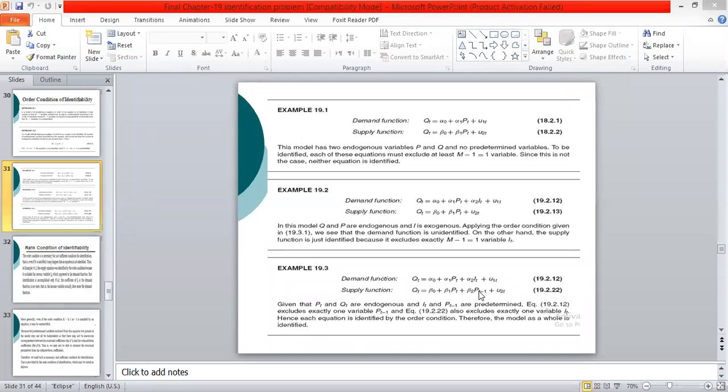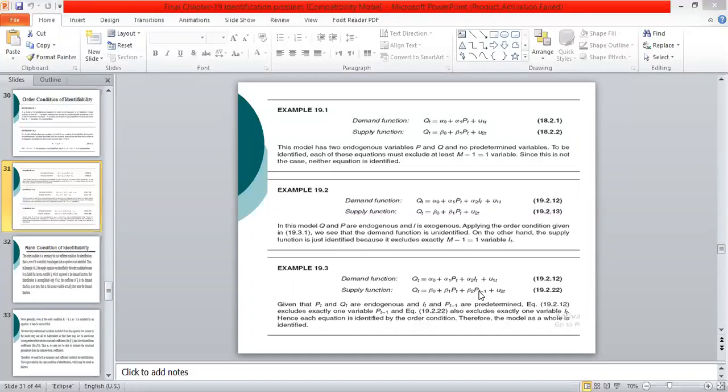In K minus k equal to m minus 1, 1 equal to 1. It means the number of excluded variables equals the number of endogenous variables included in the equation less 1. So the second equation is also exactly identified. So both these equations are exactly identified, and overall the model is identified.